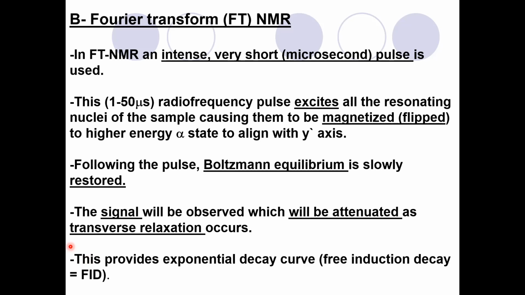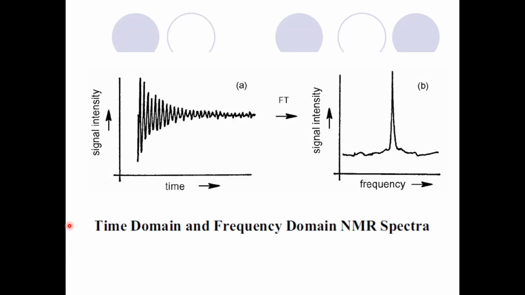Free induction decay is also called the time domain spectrum. The time domain spectrum can be converted by a very complex mathematical process into a frequency domain spectrum using computers.